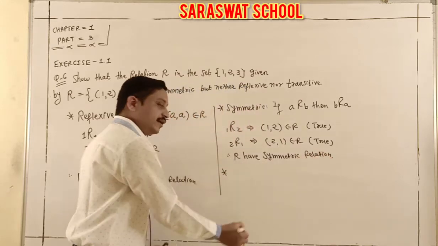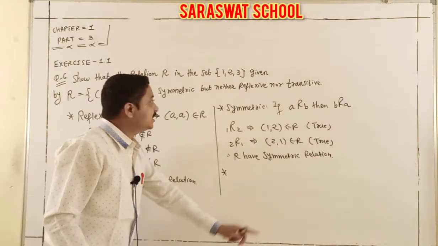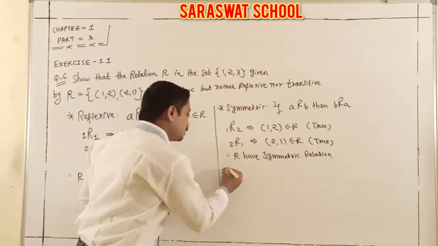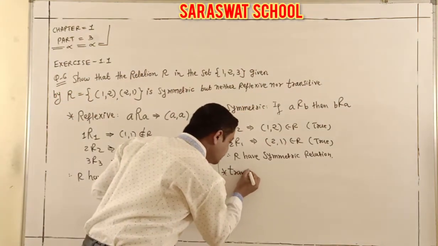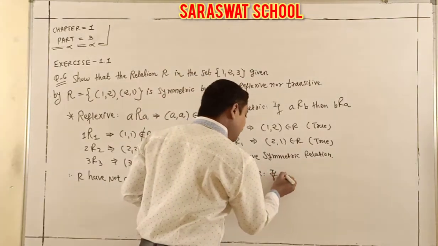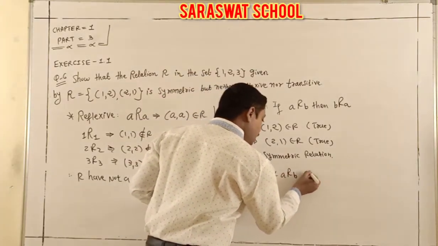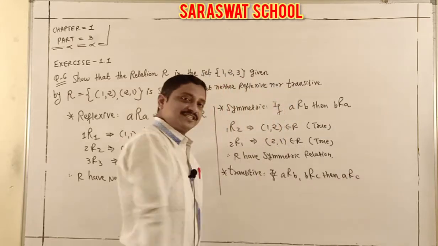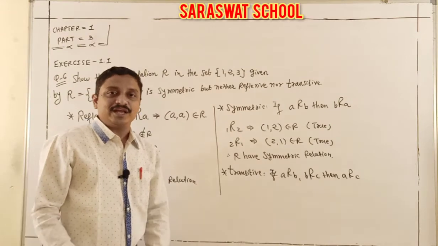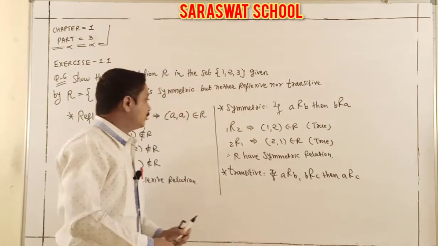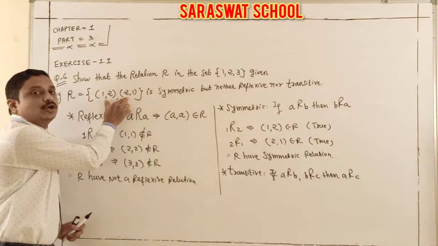Now I am moving ahead to the third one, checking that it is not transitive. What is the transitive rule? If a is related to b and b is related to c, then a is related to c. Here I check the first and second, necessarily true pairs: (1, 2) and (2, 1).